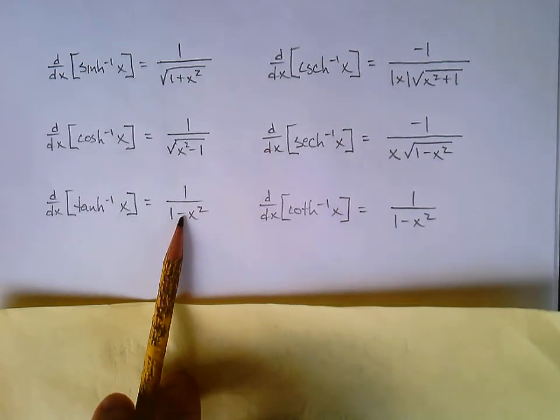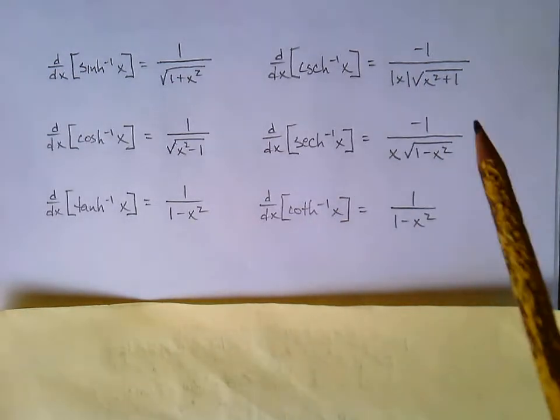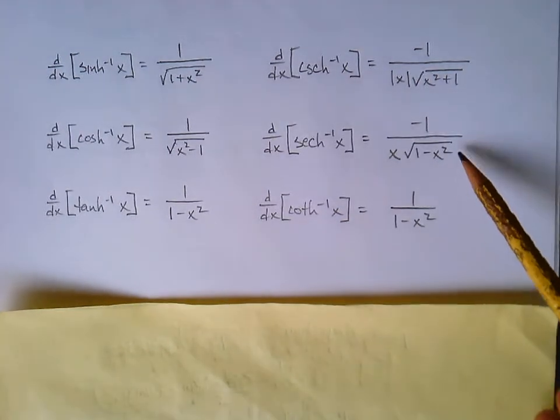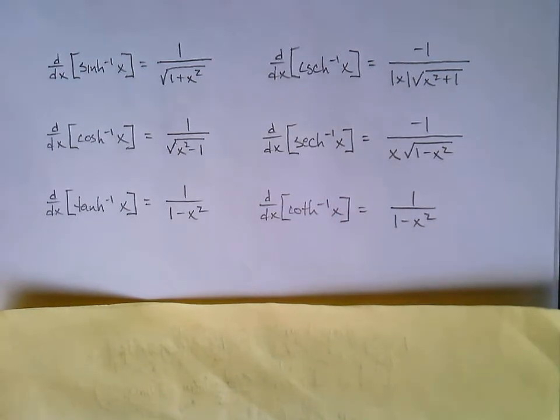Inverse tangent had a plus here. Now we have a minus. And the rest of these, you know what? I'm not even going to speak to them anymore. Just copy them. We're not going to prove any of these. We proved, I think, the derivative for inverse sine x. I just want to present these, know that they exist, know what they are.